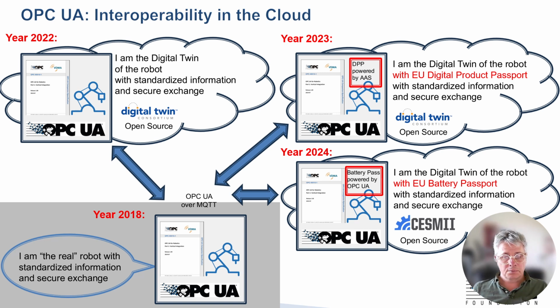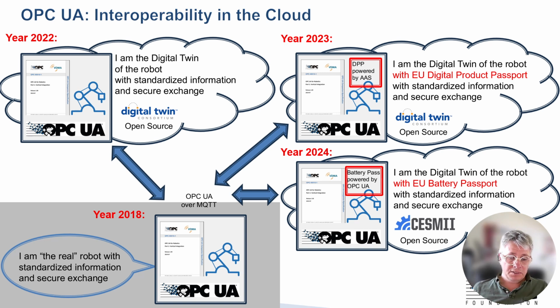And we used things like the Asset Administration Shell as the interface, and again this was before we kicked off the REST working group. So now we can also use the REST interface of OPC UA instead. So that's all there, and just a year later after that, we built a battery passport.